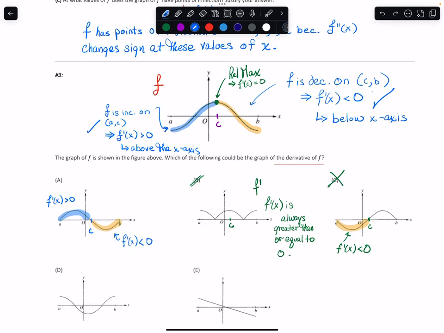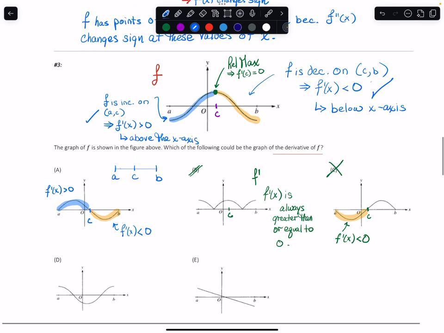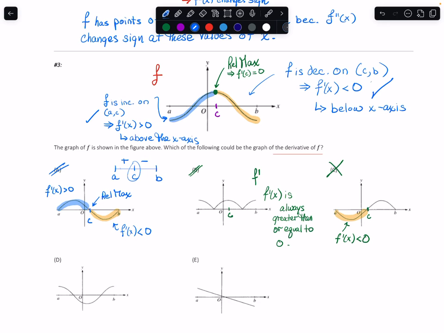So if I had a sign diagram here for the derivative, the correct one at least, you're going from A over to C over to B. It should be plus, minus. So there should be a relative max here. And that's exactly what you have here. So it has to be graph A. If we check the other two graphs, there's definitely things wrong with them.